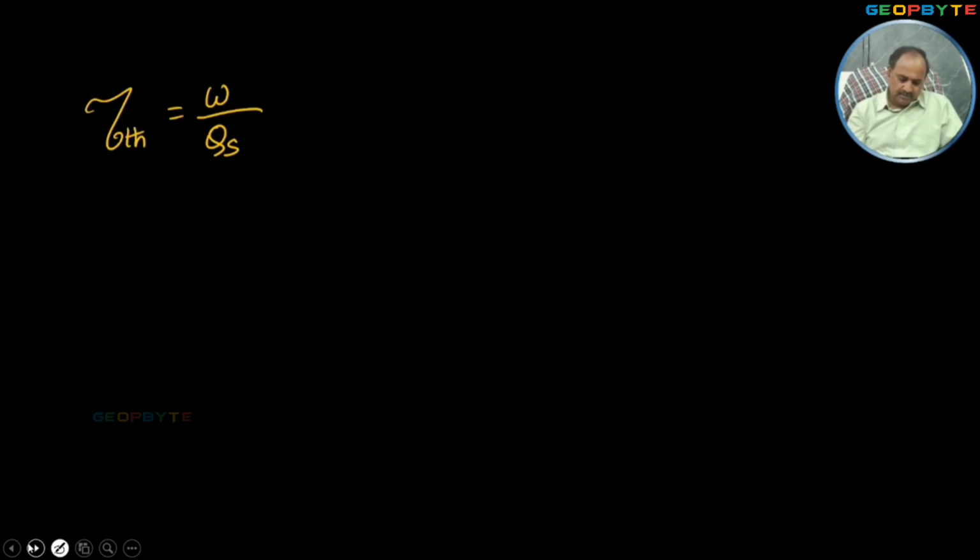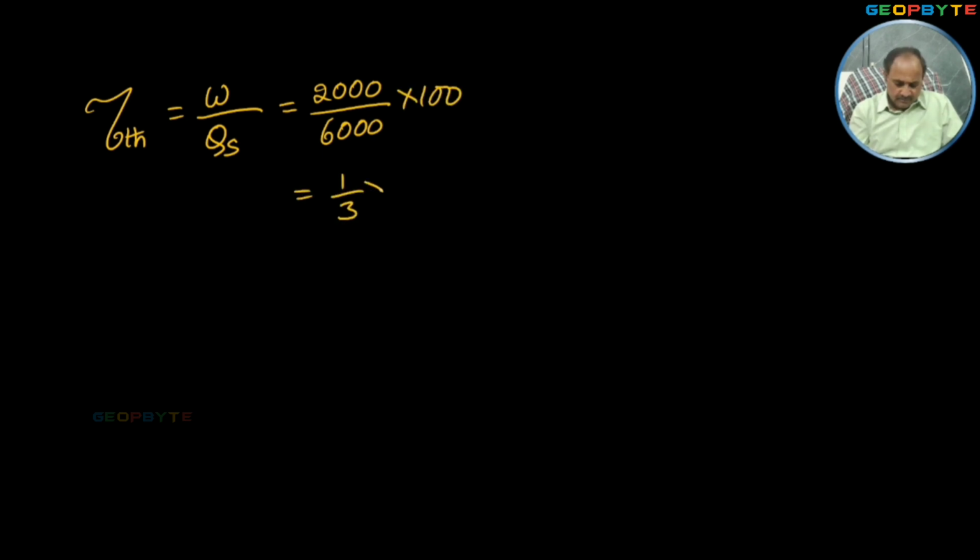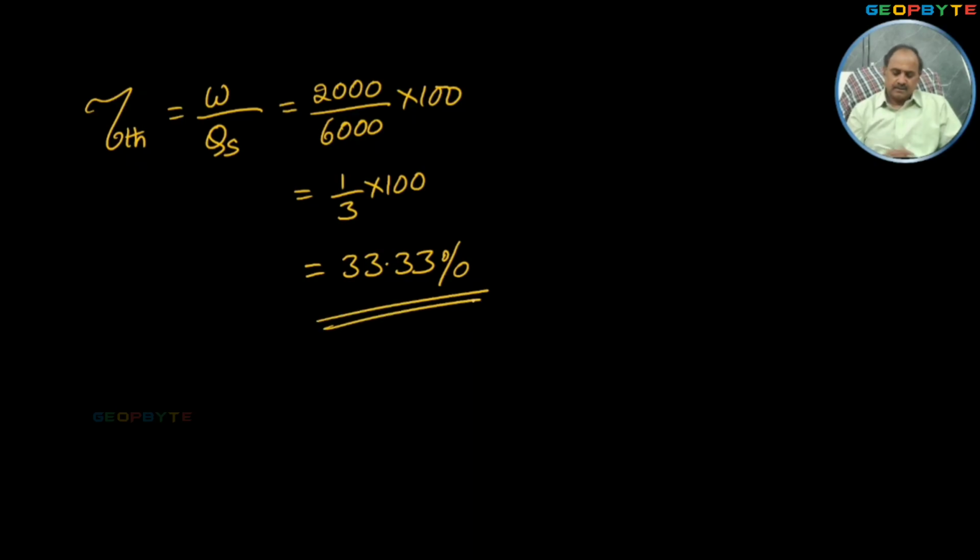Now the efficiency equals 2000 by 6000 into 100. It is finally 1 by 3 into 100, which is equal to 33.33 percent. That is the thermal efficiency of the heat engine.